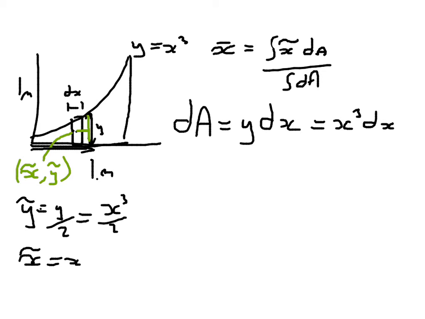We can now start substituting things into our equation. First of all, for the x bar position, we've said x bar is the integral of x tilde dA over the integral of dA.